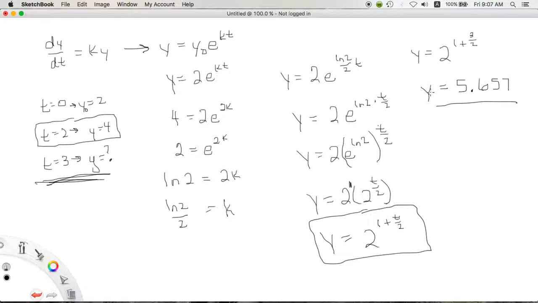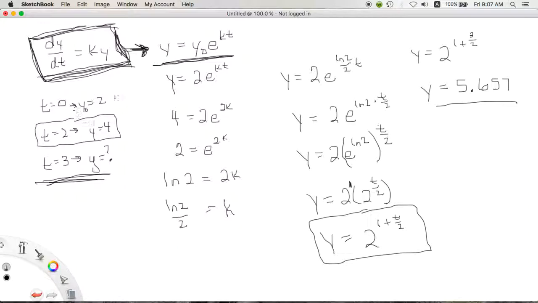The basic thing to remember is if you know that the rate of change is proportional to the value of the whatever it is, the substance or the value of the function, then you start out with this differential equation. And then, as we derived in the first part of the video, that gives you this function for your y value.